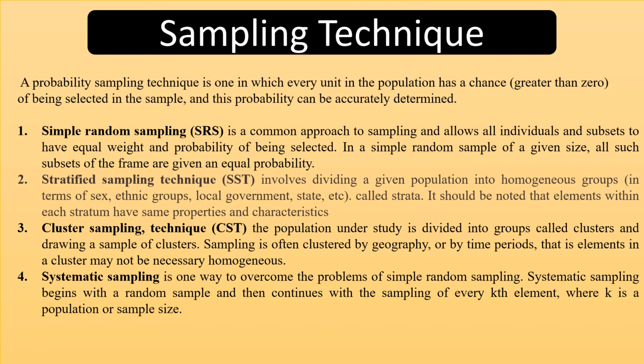Let's say you label them 1, 2, 3, 4, 5, 6, 7, 8, 9, 10. So you can decide to sample the evens: 2, 4, 6, 8, 10. After you have already done the random sampling. That is why it is stated that systematic sampling begins with random sample, then continues with the sampling of every kth element.